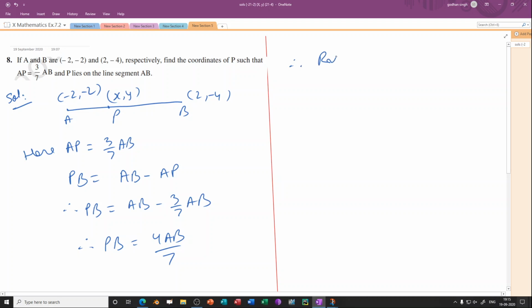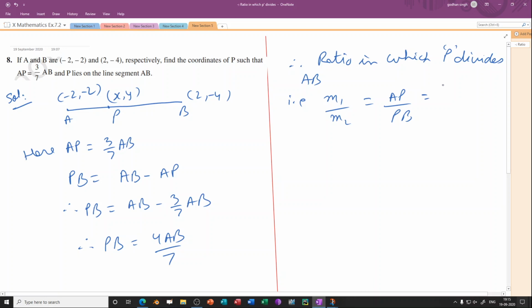Therefore the ratio in which P divides AB, m1 by m2, is AP over PB, which is 3 by 7 AB over 4 by 7 AB. Cancelling 7 and 7, and AB, we get 3 ratio 4. So m1 ratio m2 is 3 ratio 4.